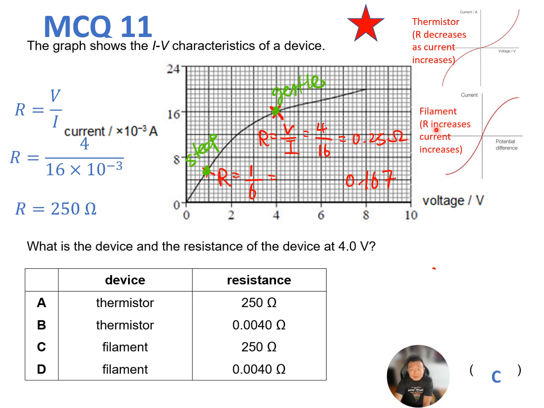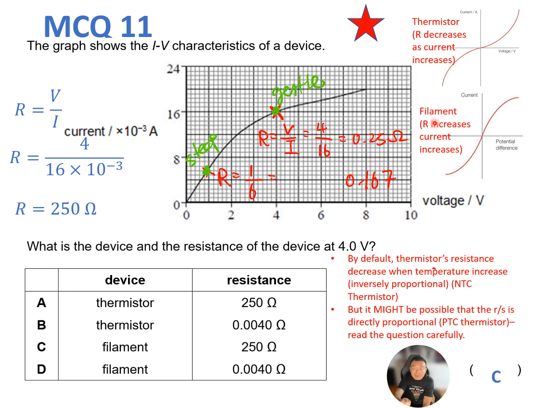A filament wire, according to kinetic model, as you heat up the wire with a lot of current, the resistance increases because the particles in the wire vibrate faster, and this impedes the flow of current, therefore increasing the resistance. So this is a standard application of what we have learned. But for thermistor, the relationship is actually opposite, and you have to memorize this.